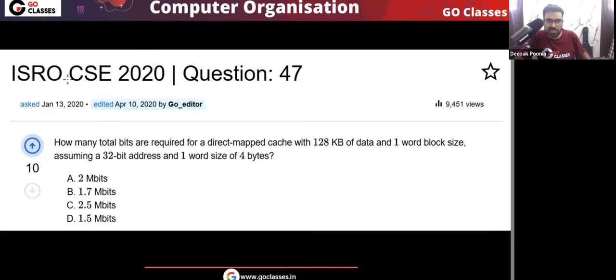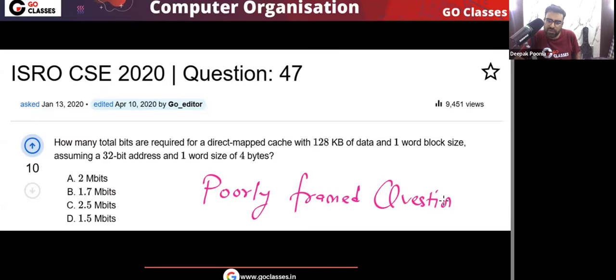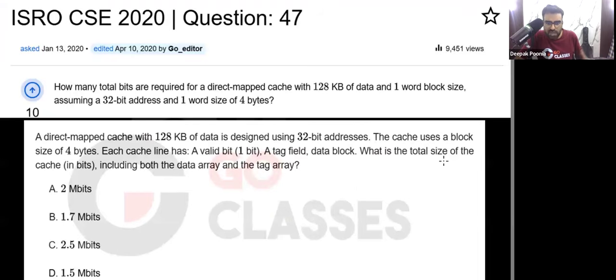Again, I'm telling you, this ISRO 2020 question is very poorly framed. A lot of information is missing from this question. That is the reason I have converted the same question into a well framed version.